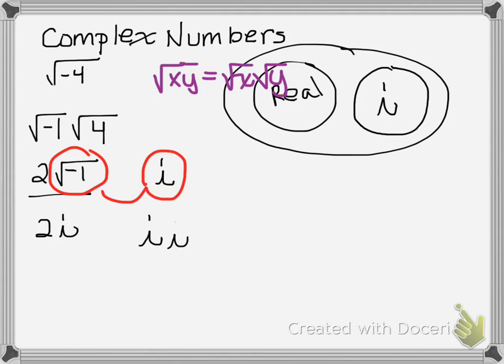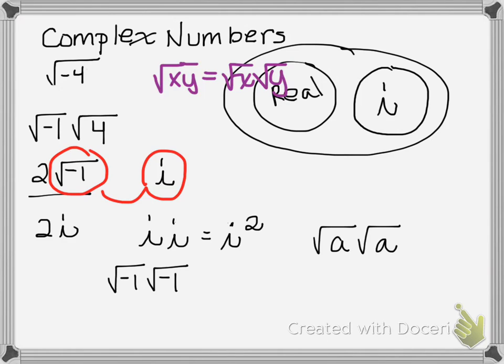You need to know that i times i is i squared. And since i is rad negative 1, i times i is rad negative 1 times rad negative 1. And what's the square root of anything times itself? If I do the square root of a times a, that's equal to a.